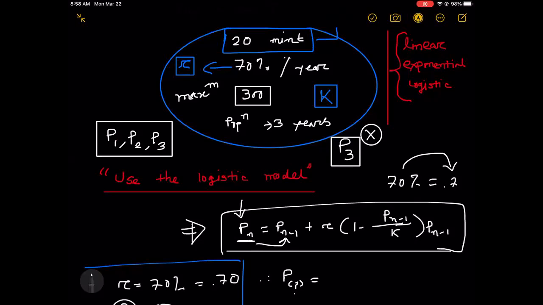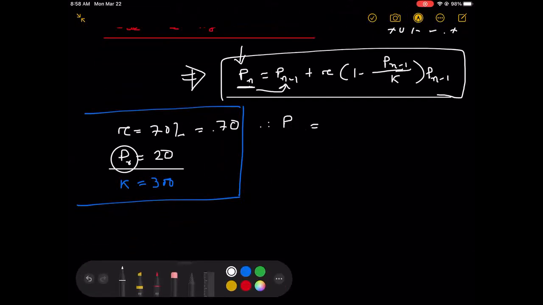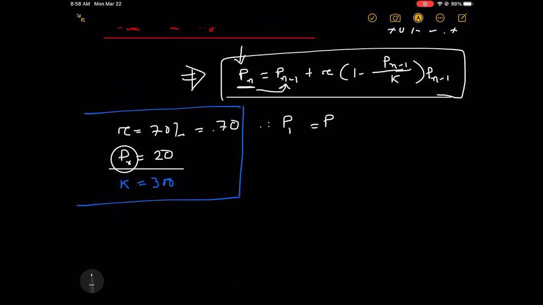So since we're looking for P1, we already know P0. Let's plug it here. So we want P1. This will be P0 plus R times 1 minus P0 over K times P0. And we know these values.